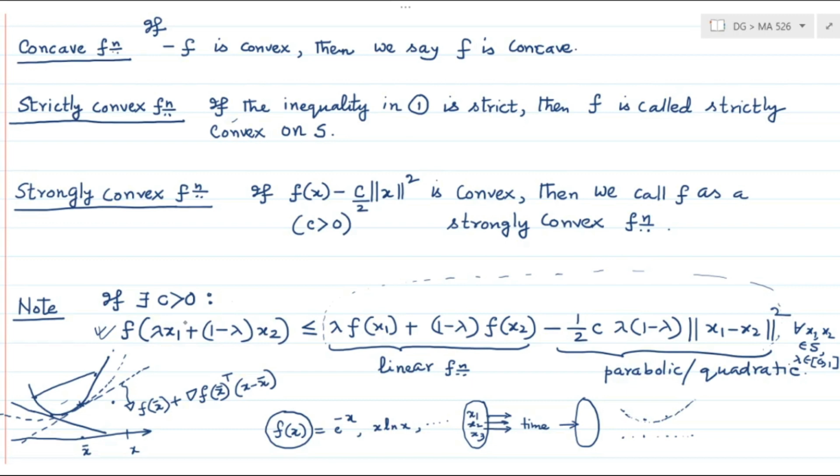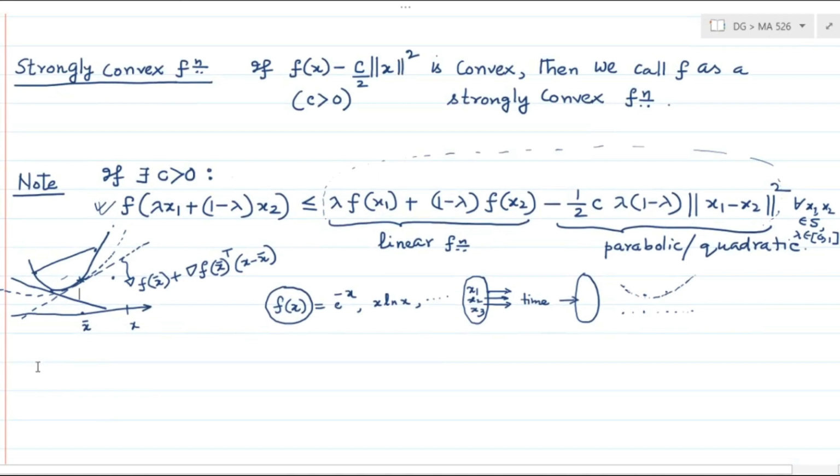Although we'll prove this later on, both facts hold. For a convex function, the tangent line gives a global lower estimate. For a strongly convex function, there is a parabola which gives a global lower estimate of the function.